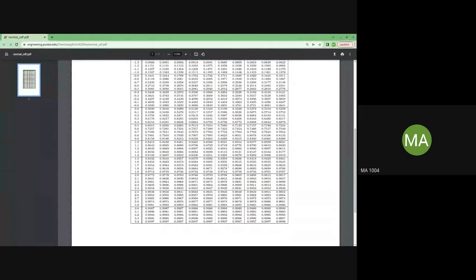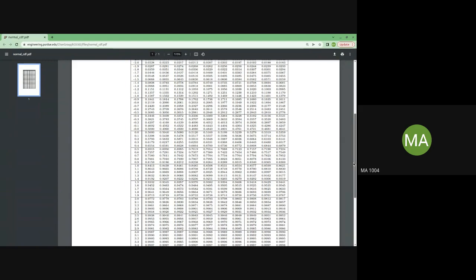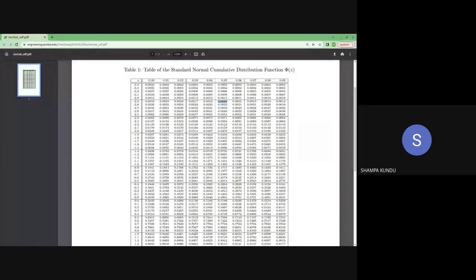This is 1.75, which is 0.9599. So 1 minus 0.9599 will give you the value for f(z) of minus 1.75. So it will be 0.0401.